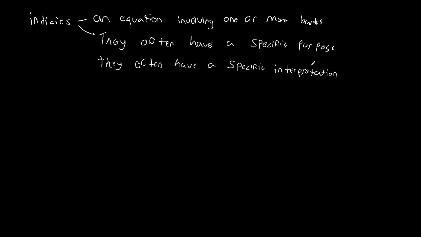Indices, on the other hand, are made for a specific purpose, and they usually have a very specific range of values and a very specific interpretation of those values. So what I want to do in this video is talk about one of the most common indices that you are going to come across in remote sensing. It's actually going to involve those same bands that we talked about with the band ratio example.